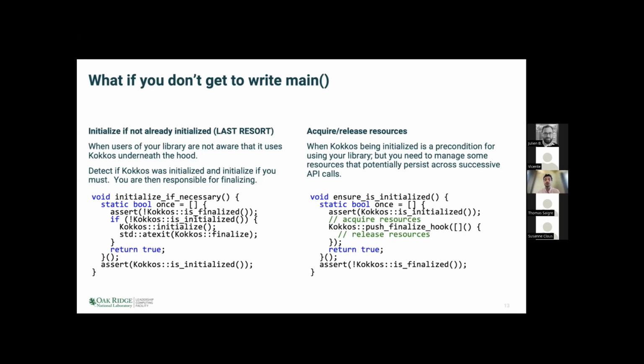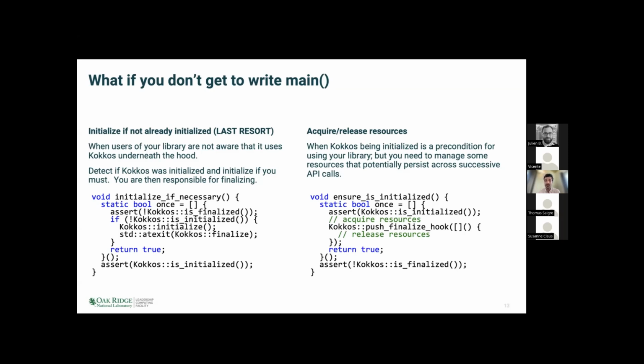Then you use push finalize hook, which is the Kokkos counterpart to std::atexit. It registers a lambda to be called when Kokkos is finalized. Because you didn't initialize Kokkos, it's not your responsibility to finalize it. But what you do is tell it, whenever Kokkos is being finalized, please clean up my stuff, because those resources need to be released by the time Kokkos is finalized.